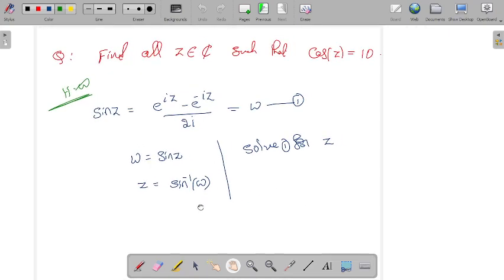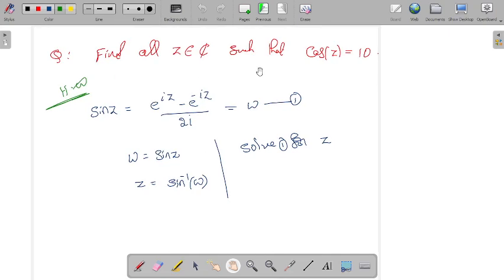Anyway, you try this problem in a similar way. You write cos z equal to e power iz plus e power minus iz by 2, and you set that equal to 10. You just try to solve that equation. You'll get a quadratic equation, and from that you need to solve.